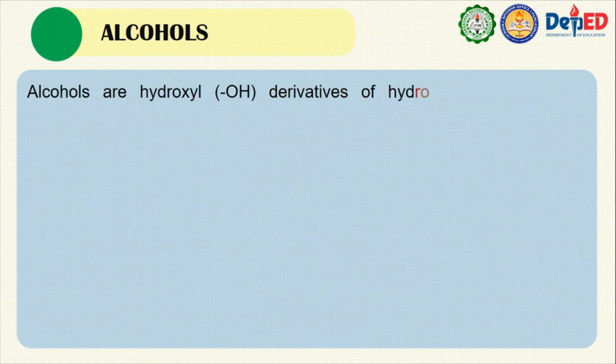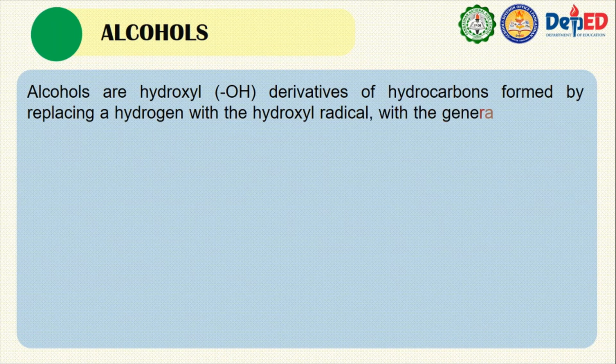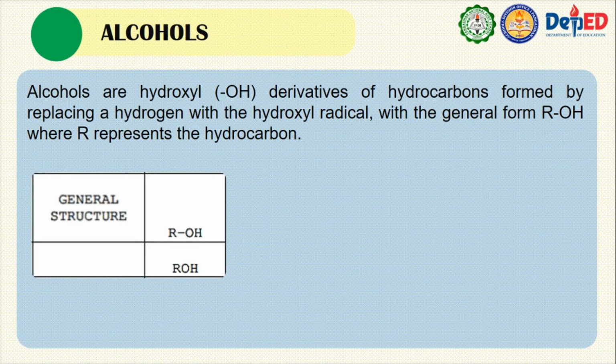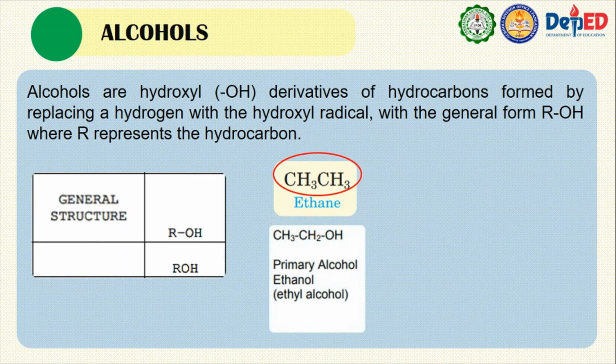Alcohols are hydroxyl derivatives of hydrocarbons formed by replacing a hydrogen with the hydroxyl radical. The general form is ROH, wherein R represents the hydrocarbon and OH represents the hydroxyl radical. For example, if one hydrogen of ethane is replaced with a hydroxyl radical, it is now called ethanol, or popularly known as ethyl alcohol.